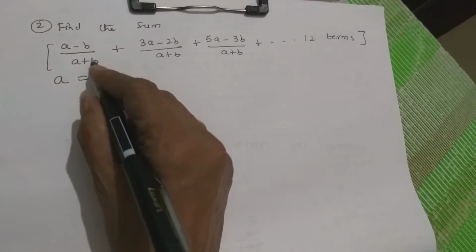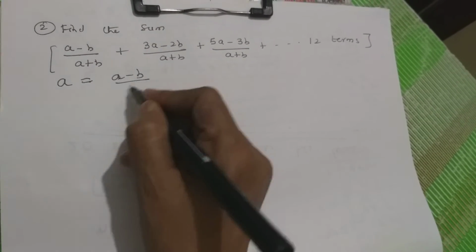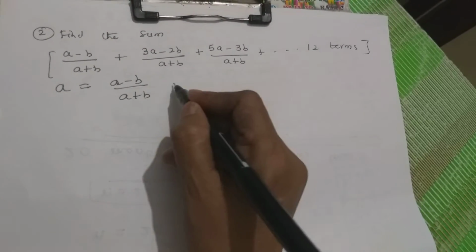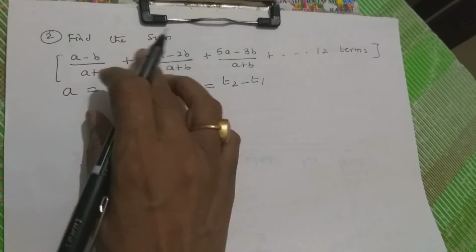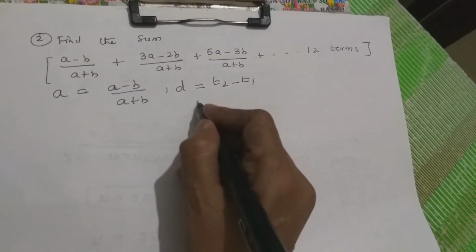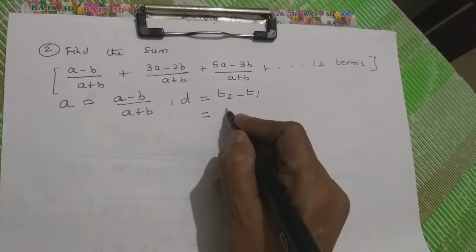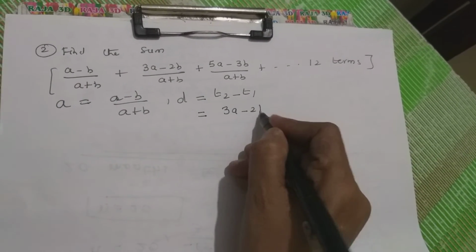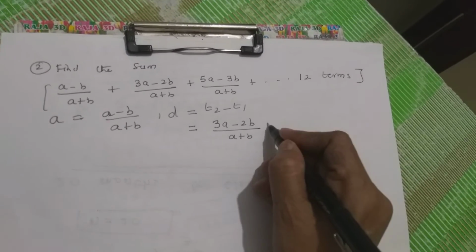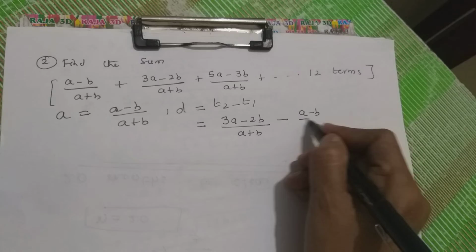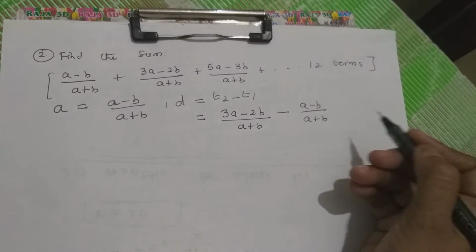We know a is the first term, so take it as a minus b by a plus b. What is d? d is T2, the second term minus the first term. So we are going to find d, the difference. So 3a minus 2b by a plus b minus a minus b by a plus b.